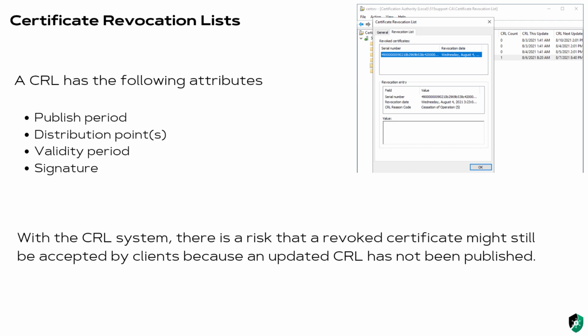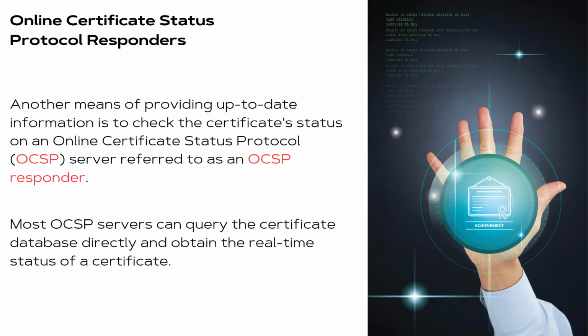However, with this system of the CRL, there is a risk that even though a certificate has already been revoked, it might still be accepted by clients because the updated certificate revocation list has not yet been published. However, there is a way to mitigate this issue, and this is where online certificate status protocol responders come into play.